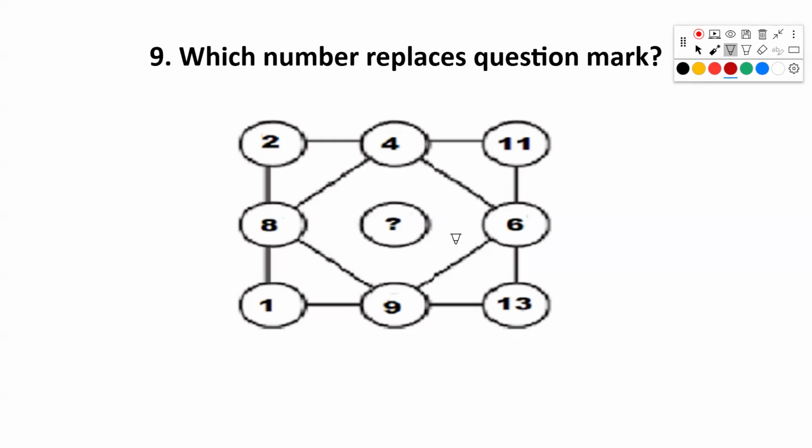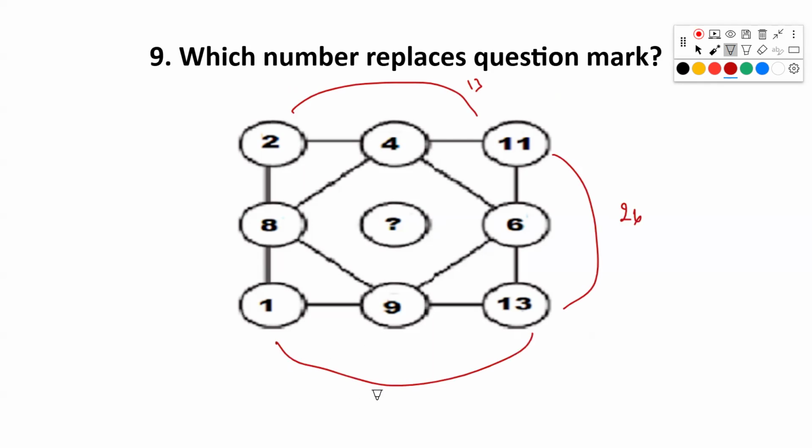Addition of all the numbers. So if I add, okay, so 2 plus 11, okay, 13. And 13 plus 13, 26. And say plus 1, okay, so 27. So it is just adding the corner points and writing the middle number. Corner points and the middle number.